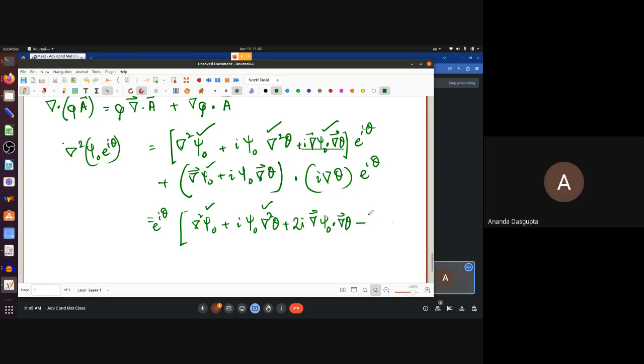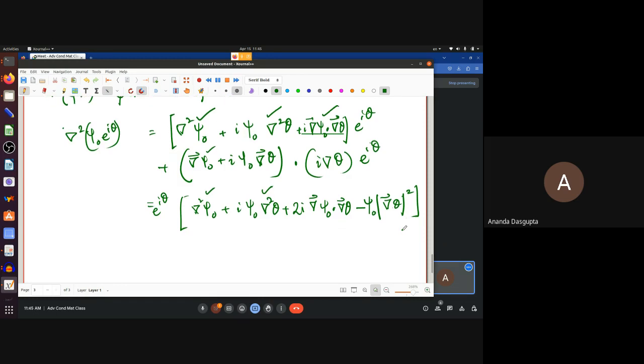So i squared is, that's actually very important for us because that's real. Remember, we have to couple the real parts with the imaginary parts. Minus psi 0 and what is that? Grad theta squared. Yeah, it's grad theta squared in the sense of grad theta dot grad theta, not the square of Laplacian of course.